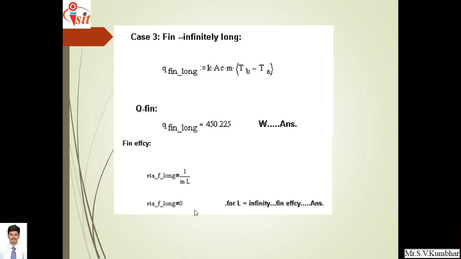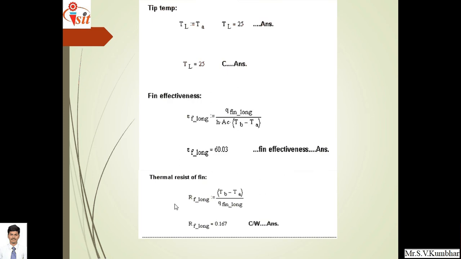centigrade per watt. Case number 3, for an infinitely long fin, it will be given as k A m (TB minus TA). Therefore the amount of heat transferred through an infinitely long fin is given as 450.225 watt, and its efficiency is given as 1 upon ml. So its length is very long, therefore L is not known here, so its efficiency will be 0.